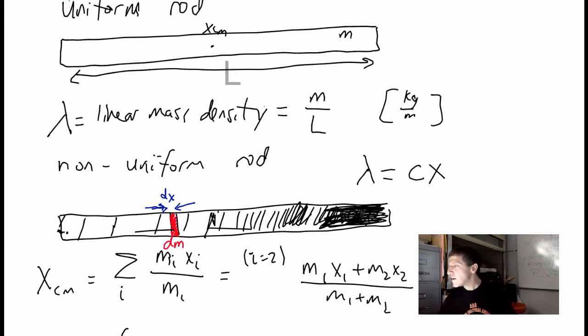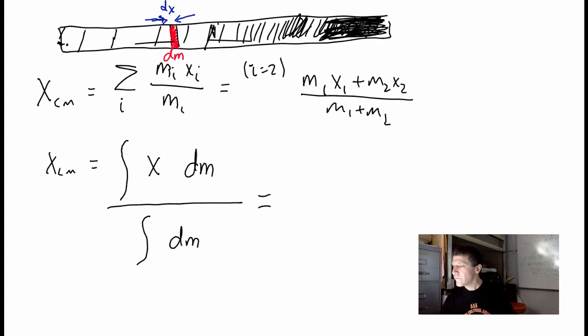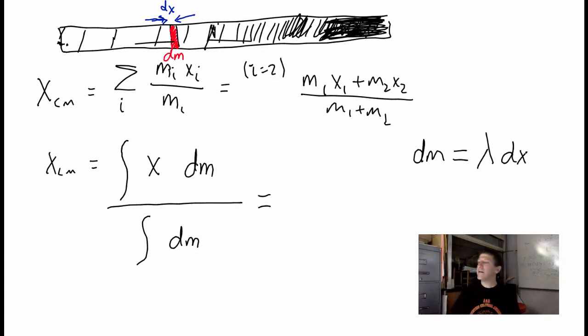Now let's take that on an infinitesimal scale. dm is going to be equal to what? Lambda times what? Now here we can't use the whole length because this is just a little tiny dm. dx. Cool, now we got it. So I need to express dm as lambda dx. It'll be the same thing when we do charges, but it'll be lambda times dq.